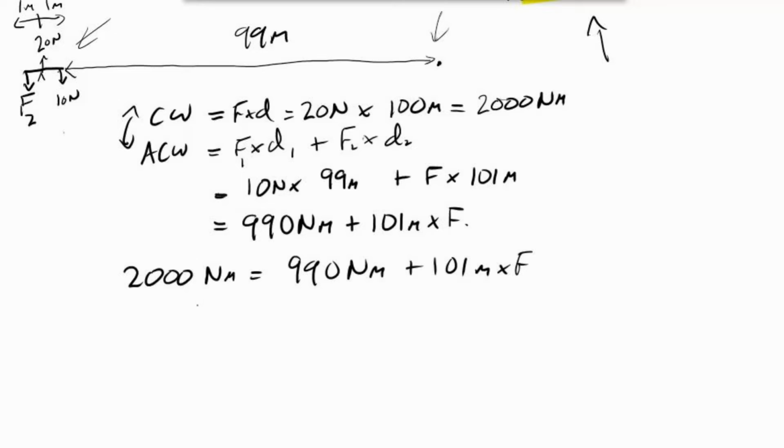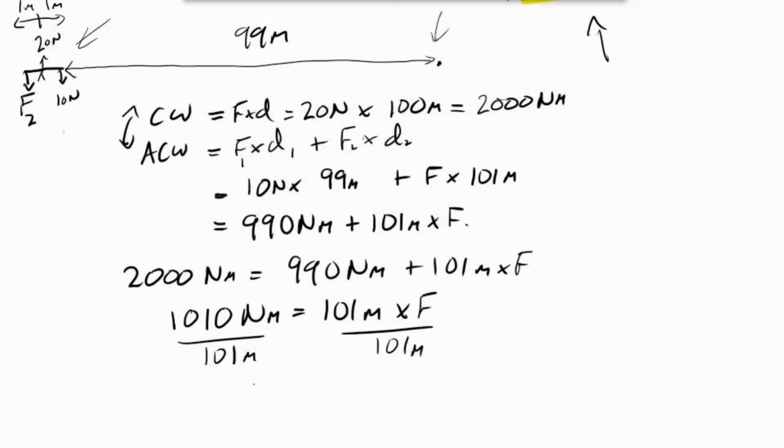If I subtract 990 from both sides, then I'm going to get 1010 Newton meters equals 101 meters times F. If I divide both sides by 101 meters, then what I'm going to get is 10 newtons equals F.